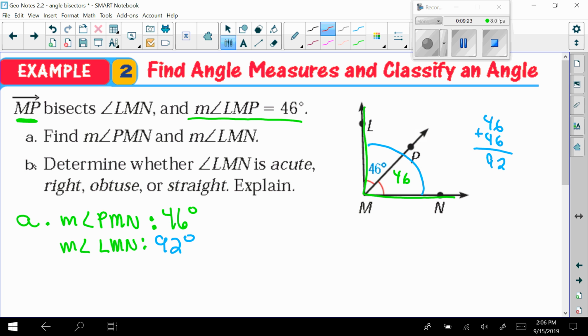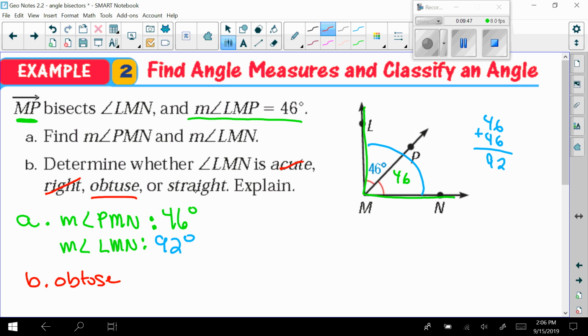Part B says, determine whether LMN is acute, right, obtuse, or straight. Well, LMN is 92 degrees. So is 92 degrees an acute angle? No. Is 92 degrees a right angle? No. Is 92 degrees an obtuse angle? Yes. It's obtuse. It is larger than 90.